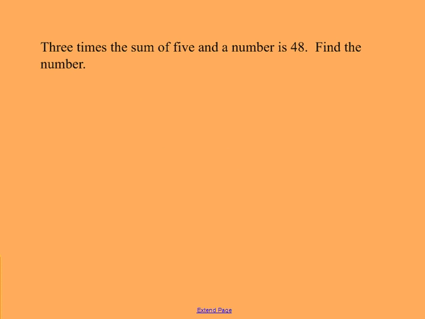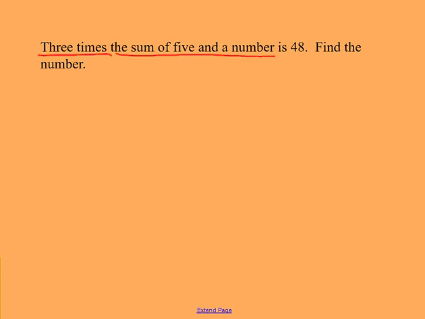And finally, the last one. We have 3 times the sum of 5 and a number is 48. So let's break it down. 3 times, so that means we're going to multiply by 3. What are we multiplying by 3? The sum of 5 and a number.